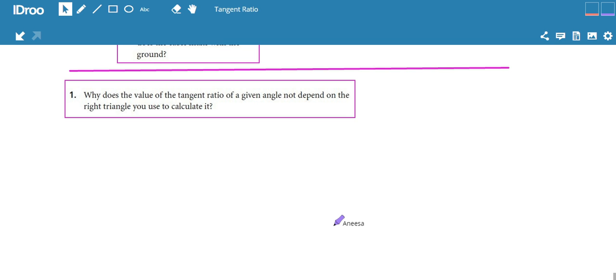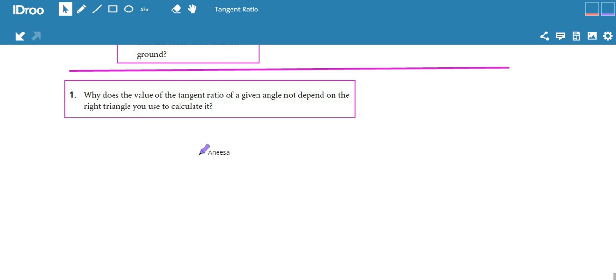Because the sides are different. What do you mean sides are different? The sidelines. So I don't know. Tell me what he is saying in the question. Why does the value of the tangent ratio of the given angle not depend on the right triangle that you use to calculate it? What does it mean? Why does the angle not depend on the type of triangle you're using?